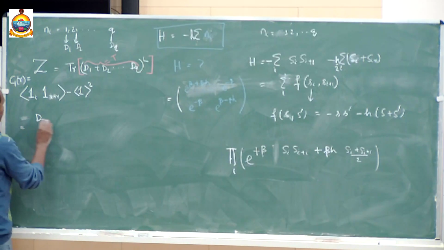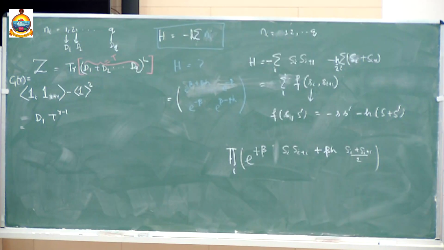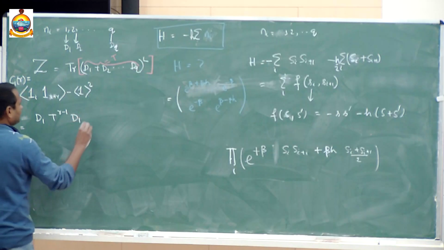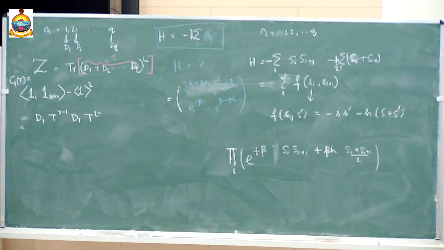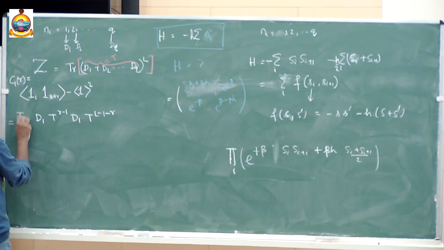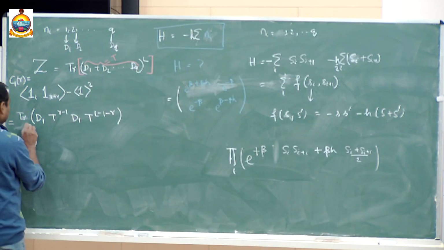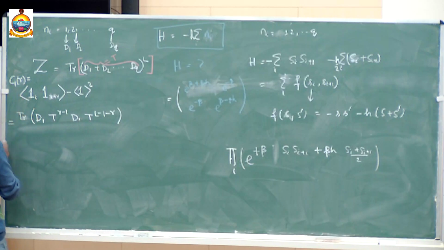So D1, and then T to the power r minus 1, again D1, and then T to the power L minus 1 minus r. So this is equal to the trace of that divided by the trace of T to the power L. I don't write the trace of T to the power L all the time, I'll write just trace divided by Z.